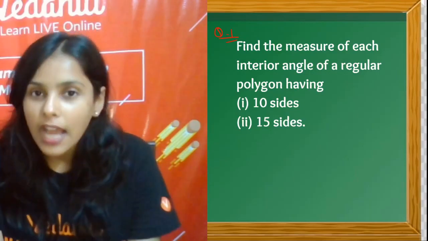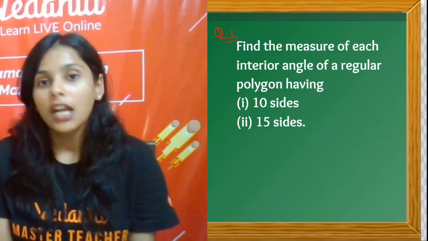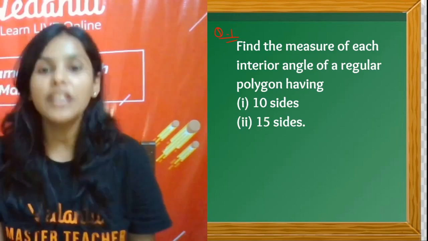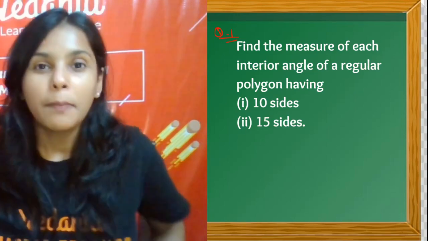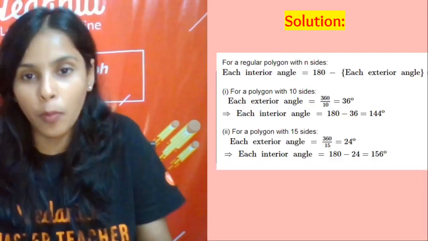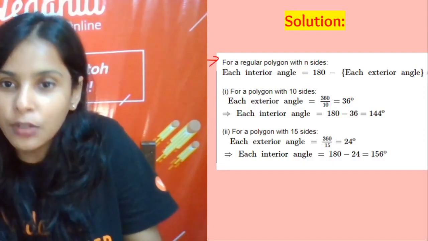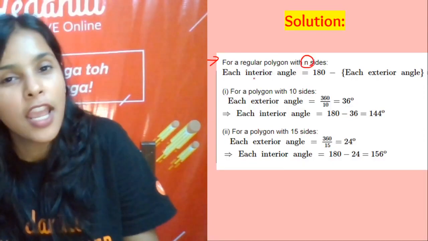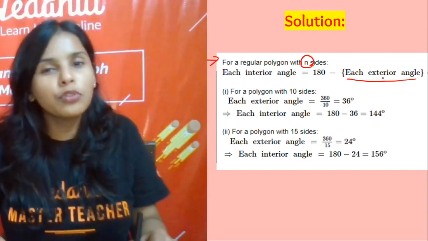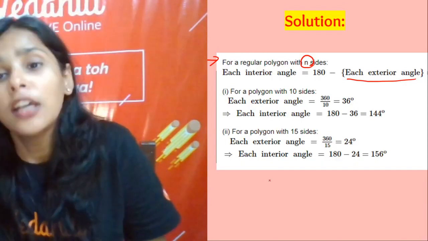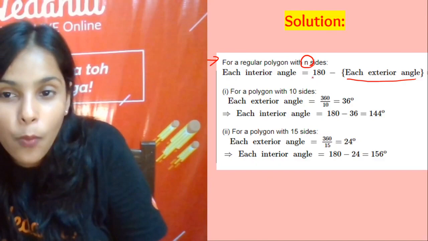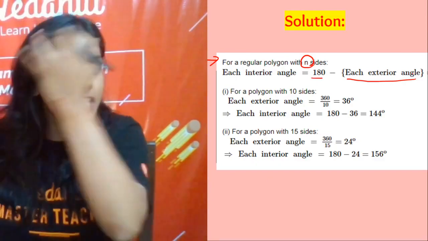You are aware of the formula which we use in order to find each interior angle. But today I am going to help you do this question with another formula. For a regular polygon with n sides, if you know each exterior angle, then you can find each interior angle with the help of 180 degrees minus each exterior angle.